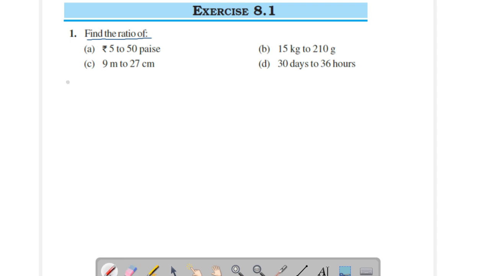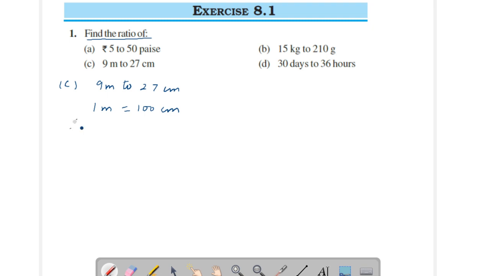Now come to C part. It is 9 meter to 27 centimeter. Again here, units are not the same. Convert meter into centimeter. We know that 1 meter equal to 100 centimeter.